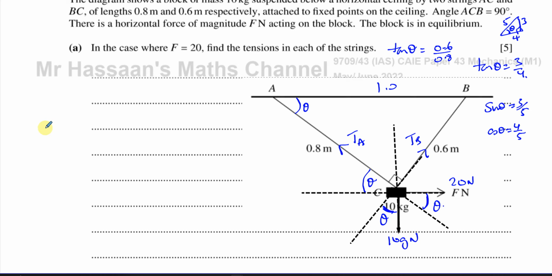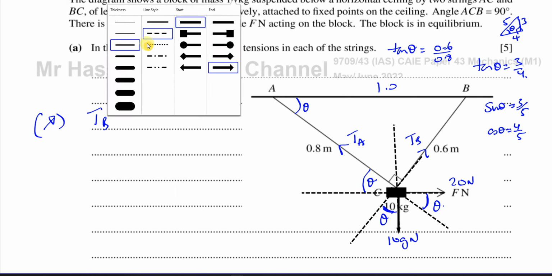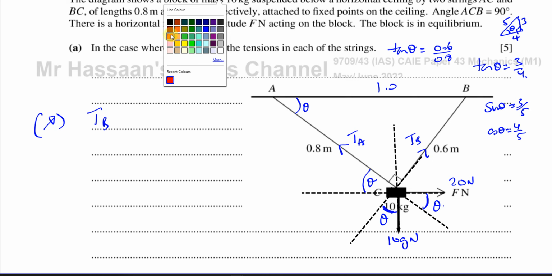So let me resolve the forces in the direction of TB first. If we resolve the forces in the direction of TB, then you're going to have TB. Let's make it a different color.